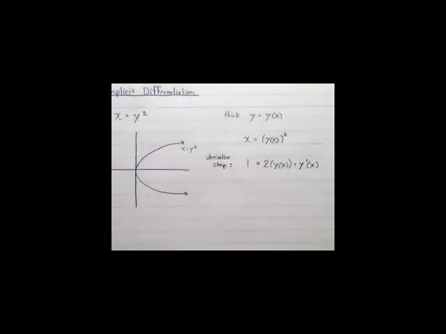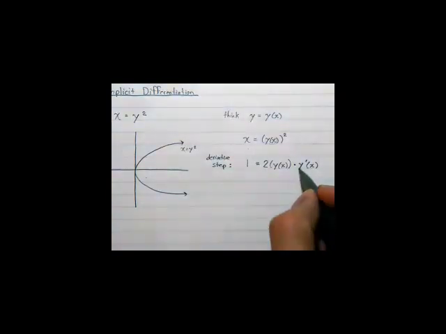The derivative is hidden in there. It's part of that equation. It's right here, right? y prime of x. So I'm going to do a little algebra, and I'm going to solve for that y prime of x. Get that by itself, and then I'll have y prime of x equals something, and that something is the derivative that I want.